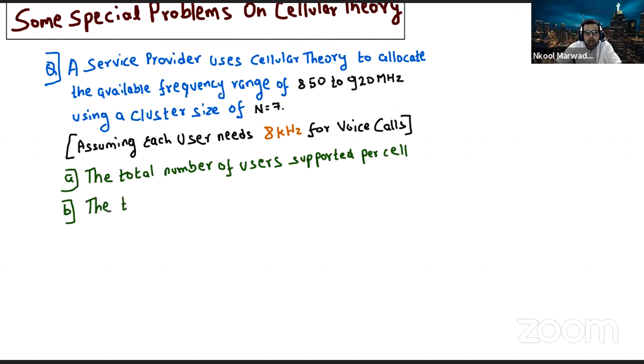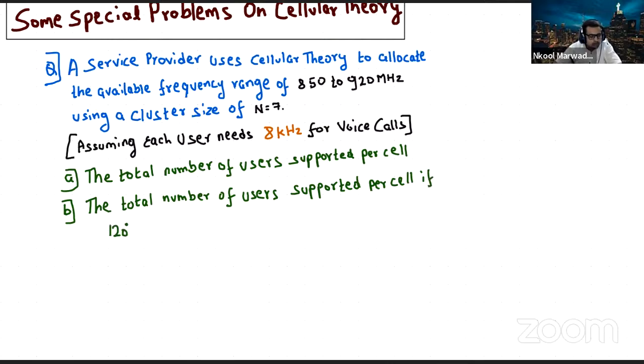The total number of users supported per cell if 120-degree cell sectoring is used.